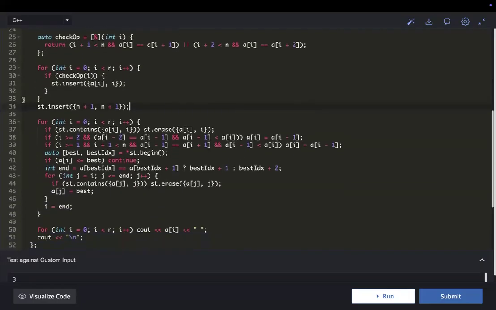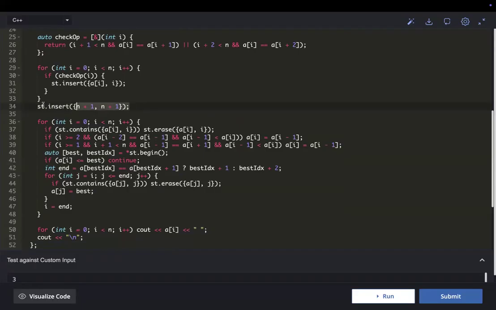I added this thing just because I did not want to have if-else conditions for cases like: if set is empty, do this; if set is not empty, do this. So I just added something useless.